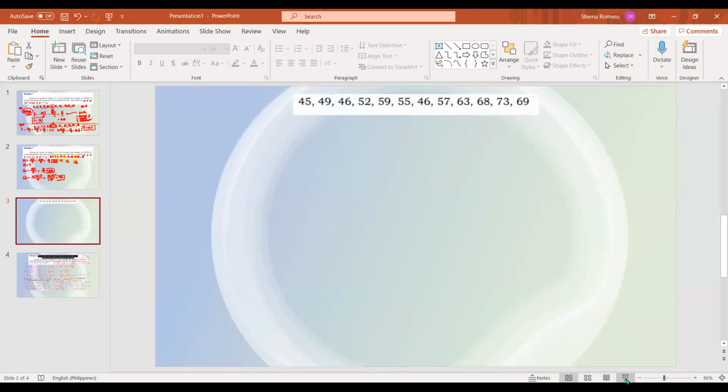Now, mapapansin nyo, ang pinag-uusapan lang natin sa quartile, may Q sub 1, Q sub 2, Q sub 3.